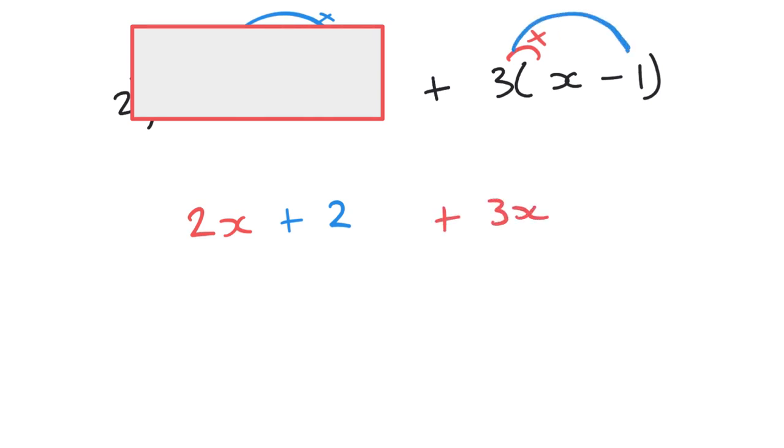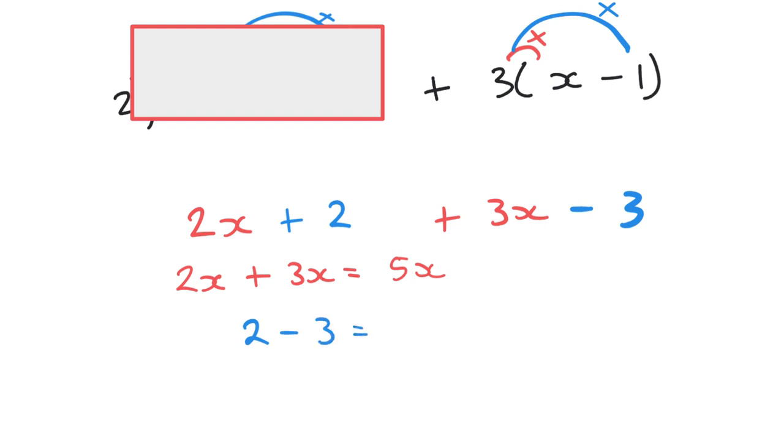This is 3 times minus 1, so it's minus 3. Now we collect our like terms again. Job done.